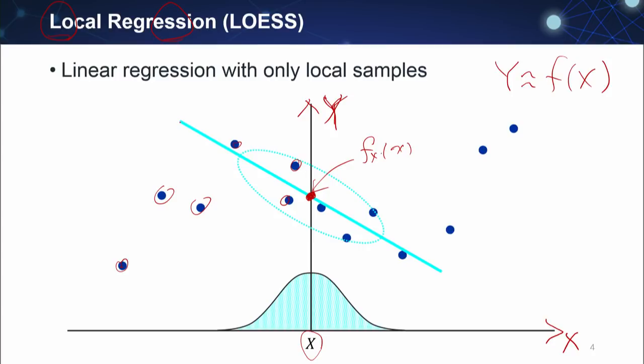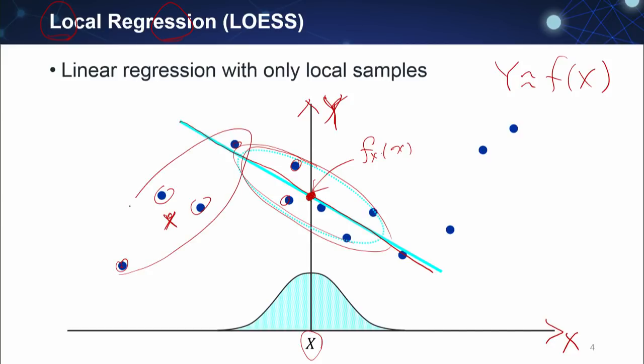That means we want to find this linear line because we only consider the nearby points. If we want to find f at another point, let's say this point here, we may want to use another set of samples like this, then eventually we may find another linear line like this.